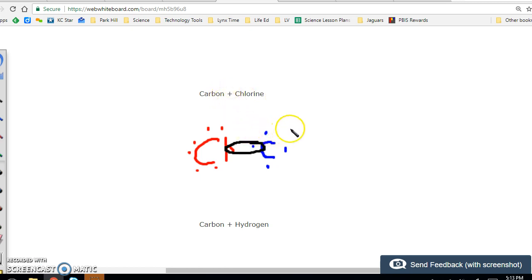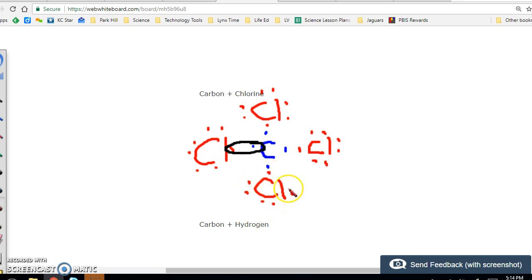And so we have to bring in more chlorines because we need more electrons so that carbon has what it needs. So carbon shares 1 with this chlorine, chlorine shares 1 with that carbon.